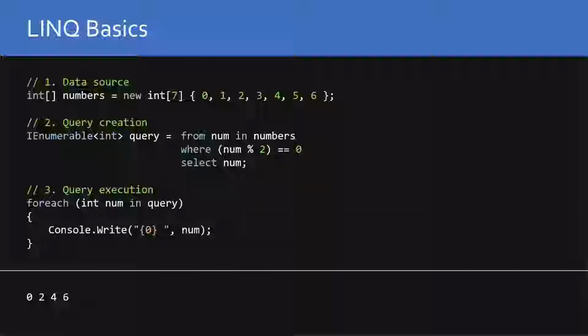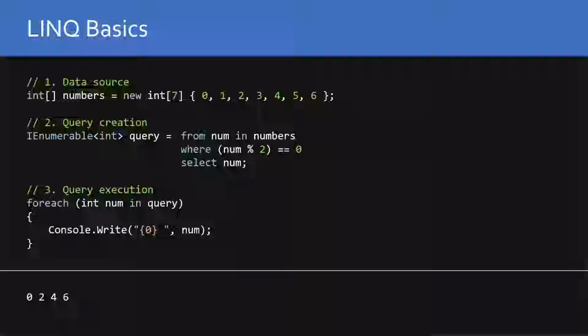So if you're working with a changing data source, if you write this query and execute it, and then the data source changes and you execute it again, it'll get the latest data that you have. So like we see here, this is just simply getting even numbers from this list of numbers, and it'll output them like that.